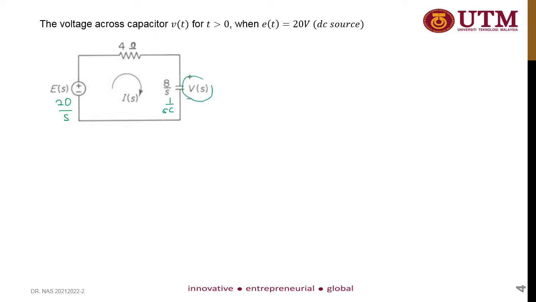To get v(t), you need to determine it from V(s), which you can get by using the voltage divider. So V(s) is equivalent to E(s) multiplied by 8 over s divided by the total impedance, 4 plus 8 over s.